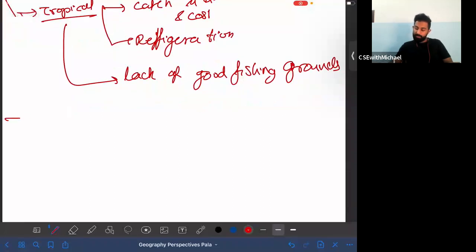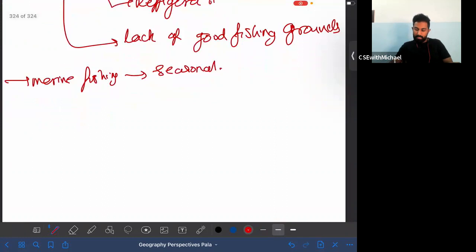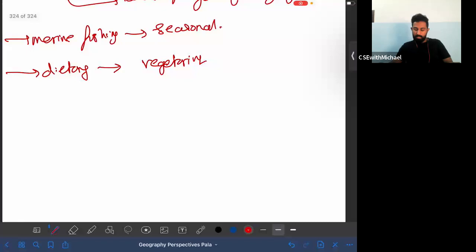Marine fishing in India is again seasonal because of the monsoon type and climatic conditions like cyclones. Dietary habits again limit aquaculture, that is, vegetarianism. Just about 40-50% of the Indian population is vegetarian. That is another issue.